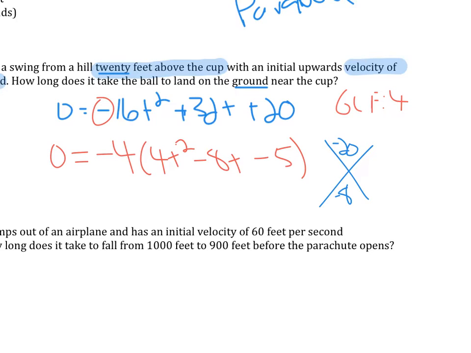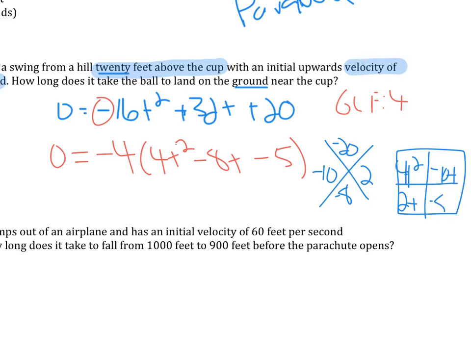So what multiplies to -20 and adds to -8? So that gives us a -10 and +2. And then our box. So we get 4t squared, -10t, 2t, and then a -5.